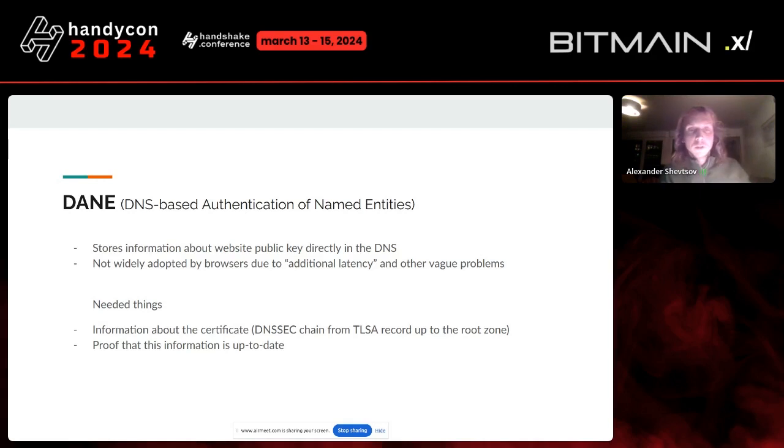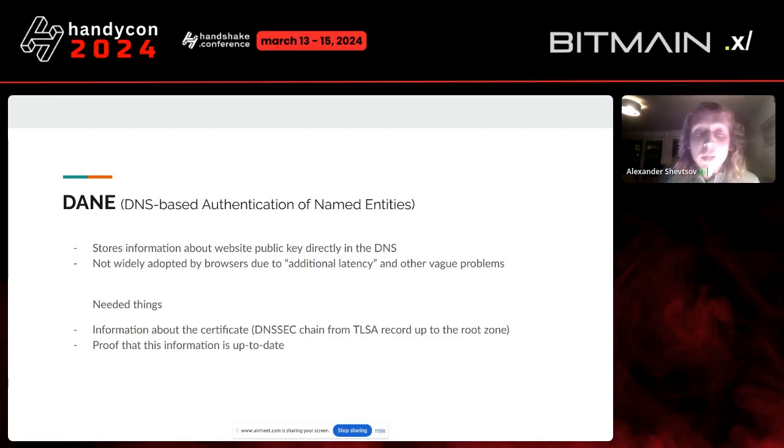So in order for DANE to work, two things are needed. Well, it's just information about the DNSSEC chain from the record that stores the public key of some domain up to the root zone, and some kind of proof that this information is up to date.